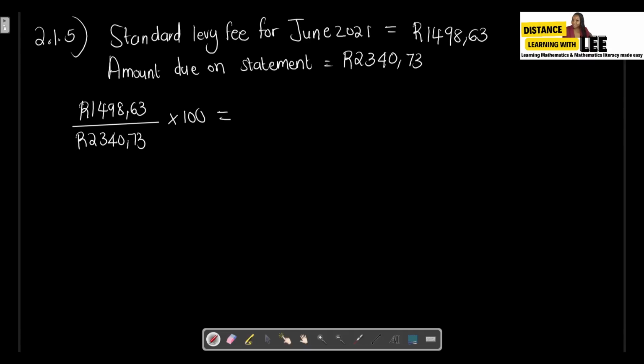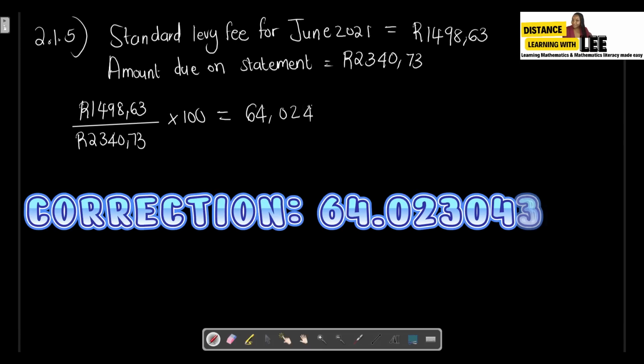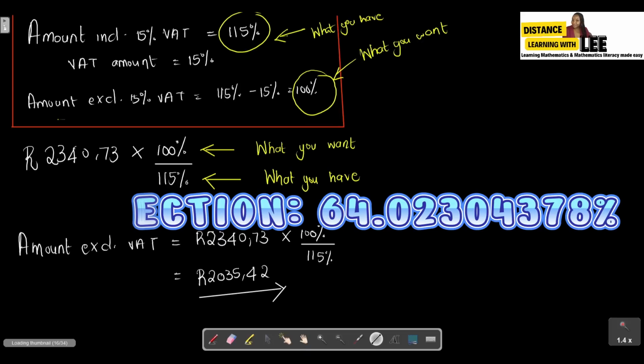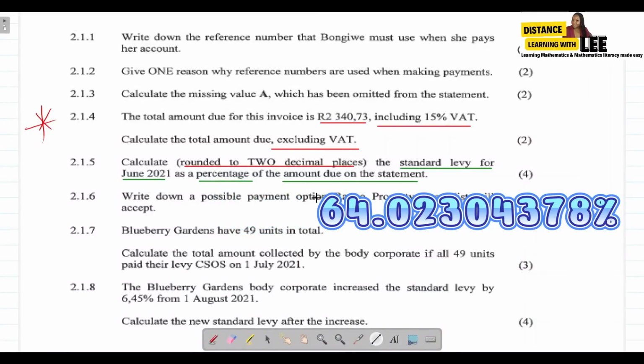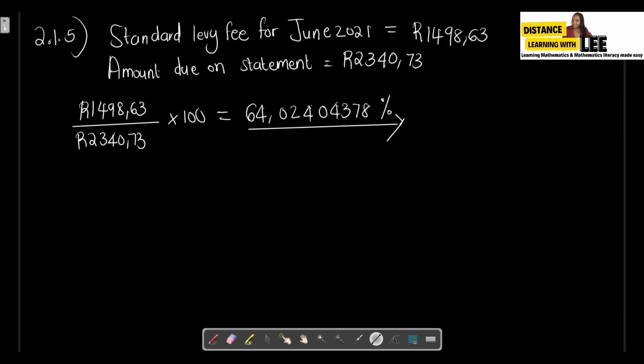You will get the percentage as 64.02404378%. But then what was the question saying? The question specifically asked us to round off the final answer to 2 decimal places, right? So we need to round this answer off to 2 decimal places.